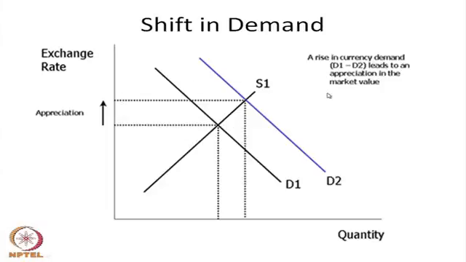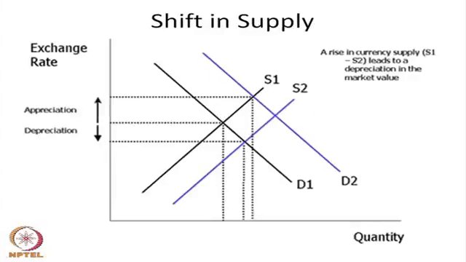Similarly, if you see a shift in supply, with demand remaining constant: here demand is D1, supply is S1, and the exchange rate is determined at this level.